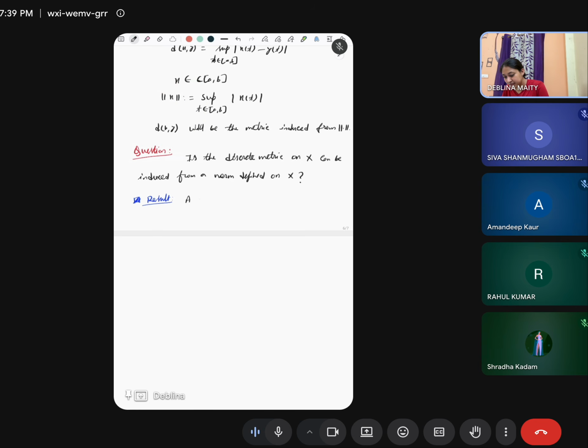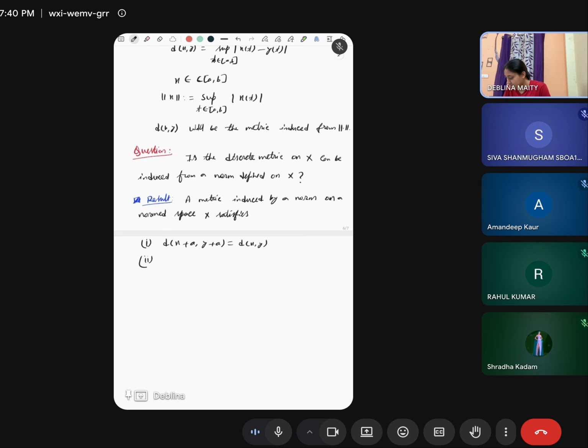Which says a metric induced by a norm on a normed space X: if d is a metric which is induced from a norm, then it has to satisfy some properties. The first property is d(x + a, y + a) equals d(x, y), so it is translation invariant.